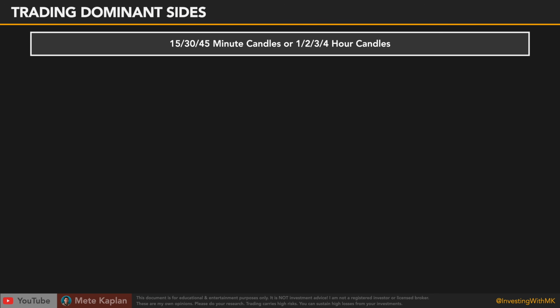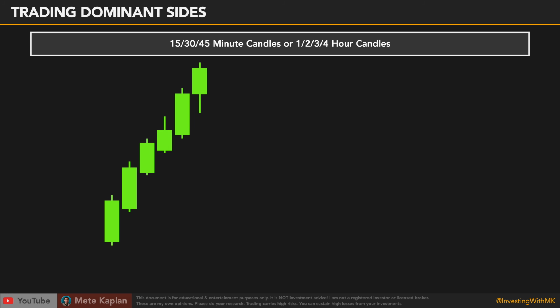As you already know, there is an unending fight between buyers and sellers in the markets. As a trader, your best approach should be joining the dominant parties. When you look at the 15, 30, or 45-minute candles, or even higher time frames like 1, 2, 3, 4 hours, you'll notice this kind of price action: constant green candles.